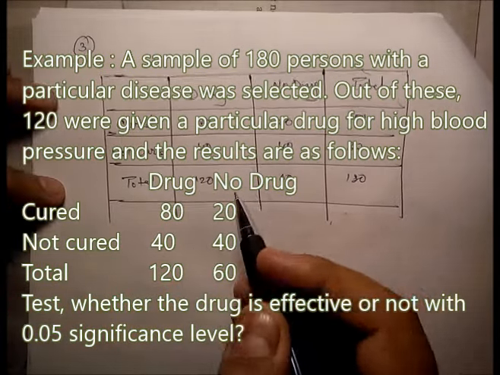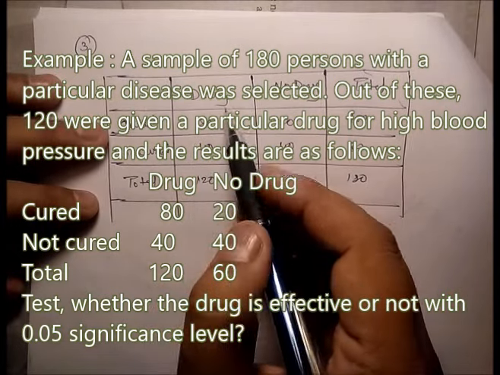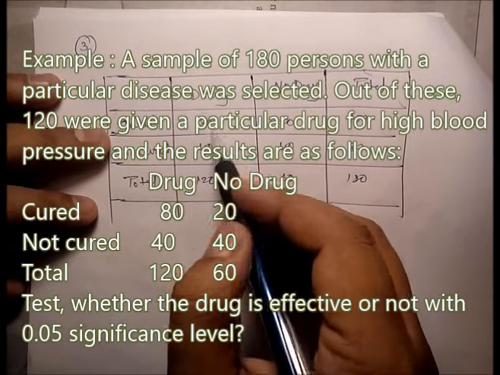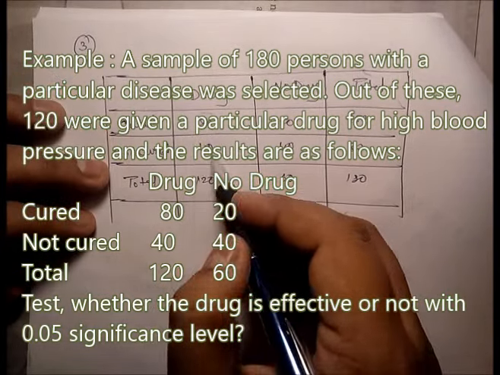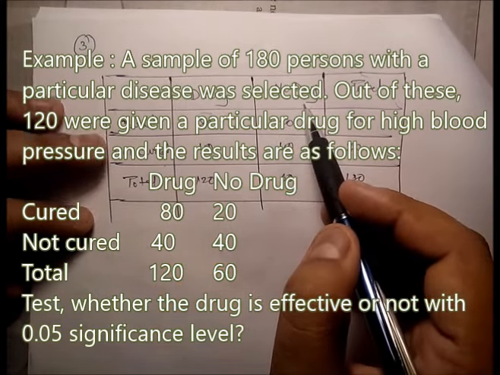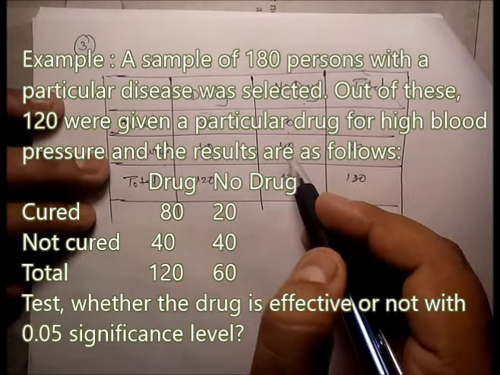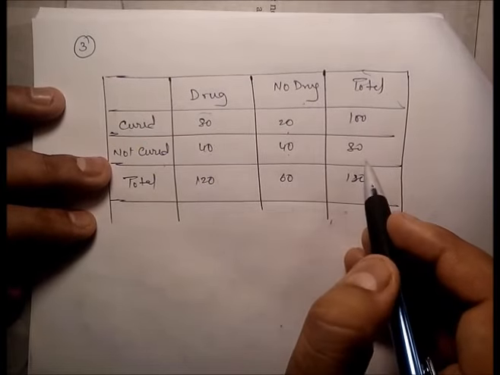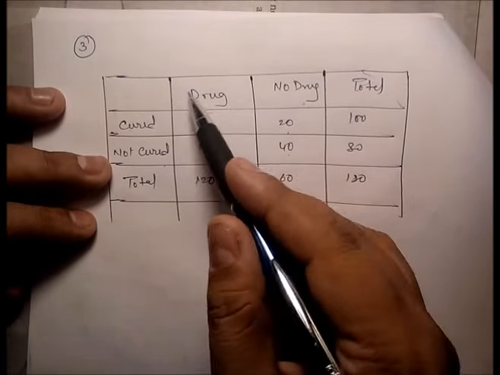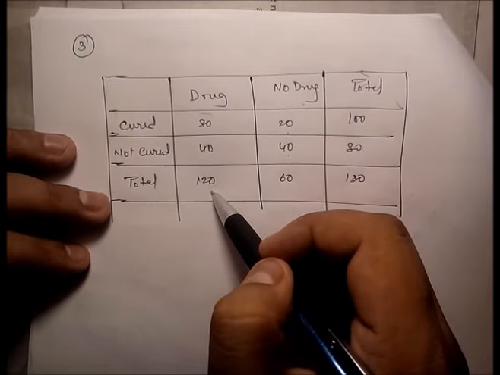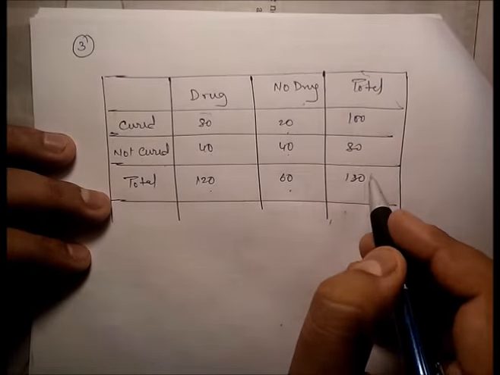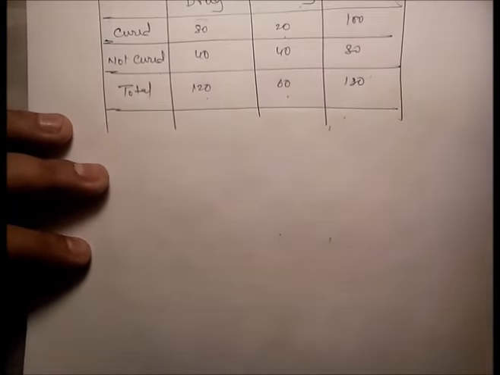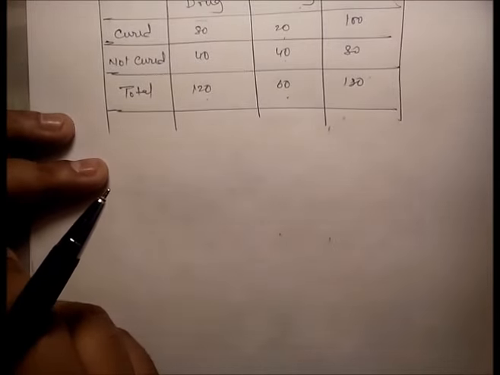If we apply the drug, 80 are cured, 40 not cured. If you do not apply the drug, 20 cured, 40 not cured. Total cured persons 100, total not cured 80, total given the drug 120, no drug 60, total is 180. Test whether the drug is effective or not at the 0.05 significance level.